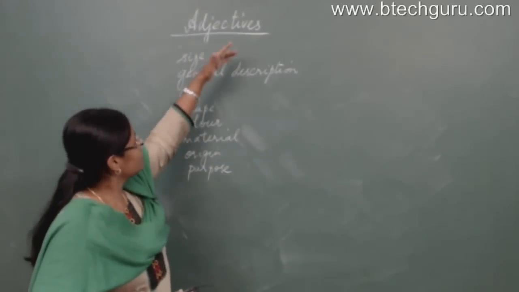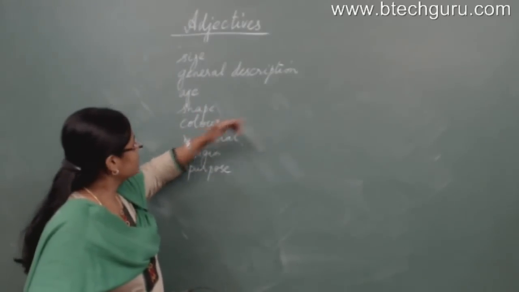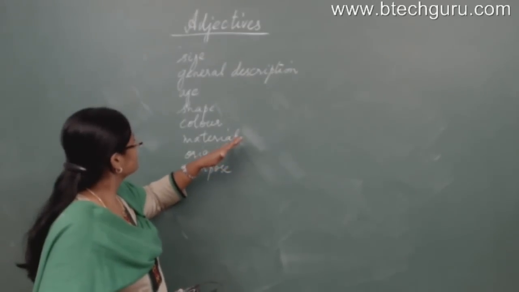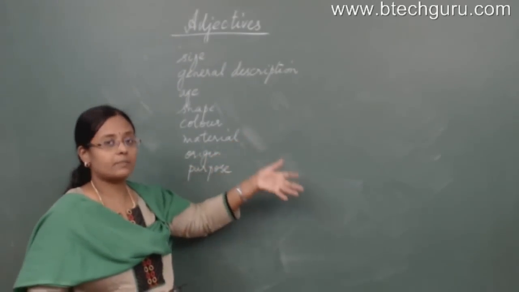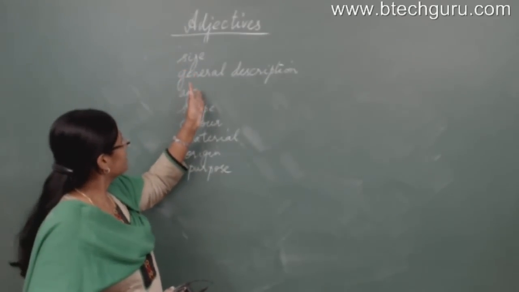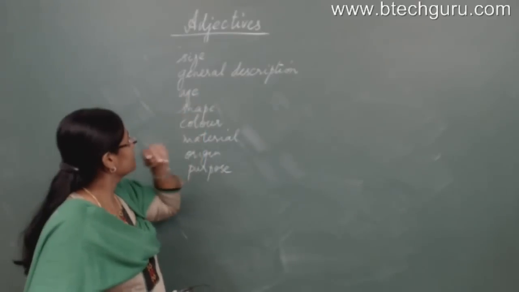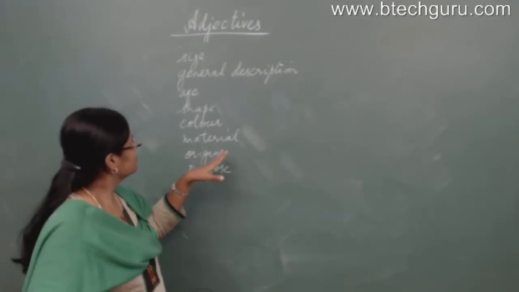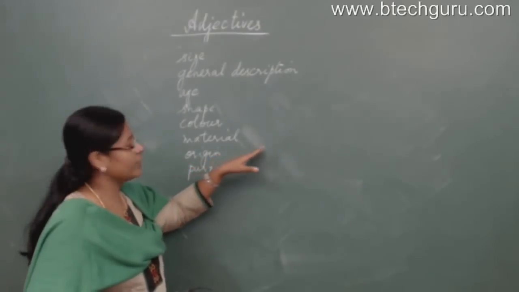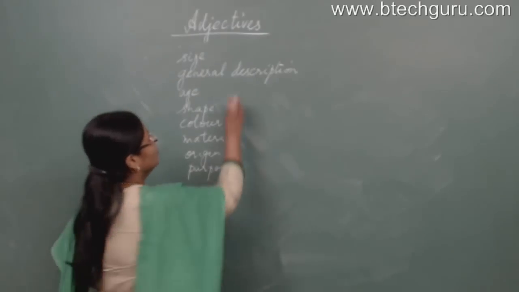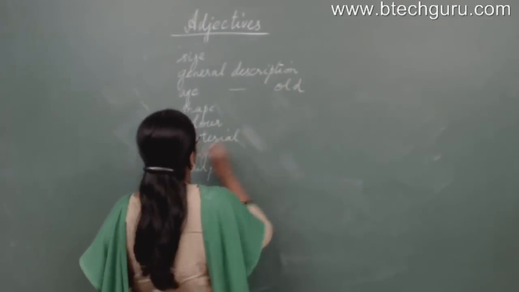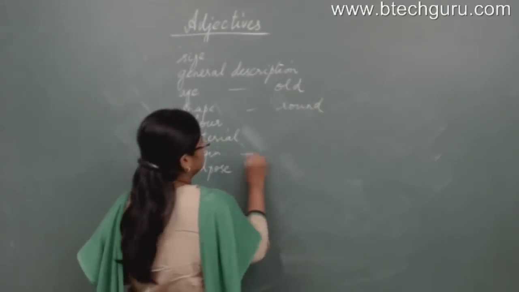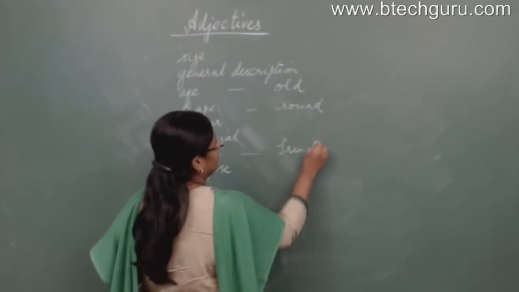You see, a small white wooden table, or if you say age, I mean old or young, an old round French clock. You see, old, then the shape, round, then the origin. So this is the order.